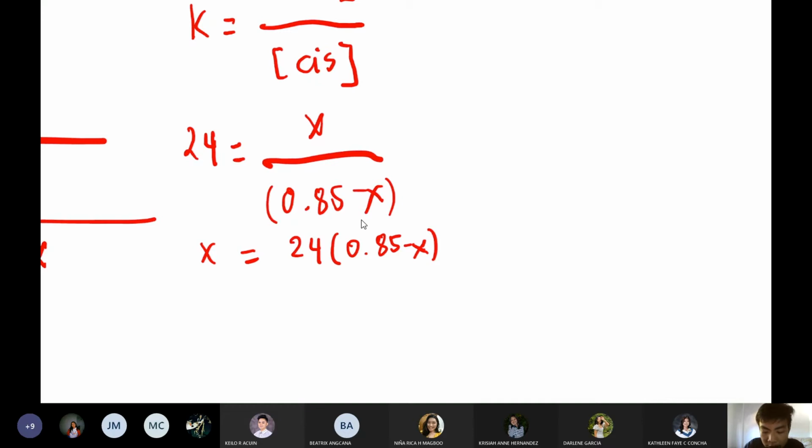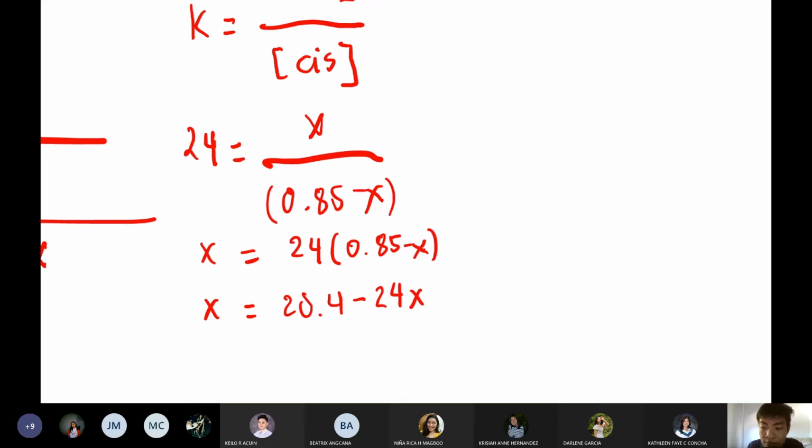So that will be x equals 24 times 0.85. Use your calculator to solve for that. 24 times 0.85 is 20.4. And then 24 times negative x is negative 24x. What's next is that you combine similar terms.